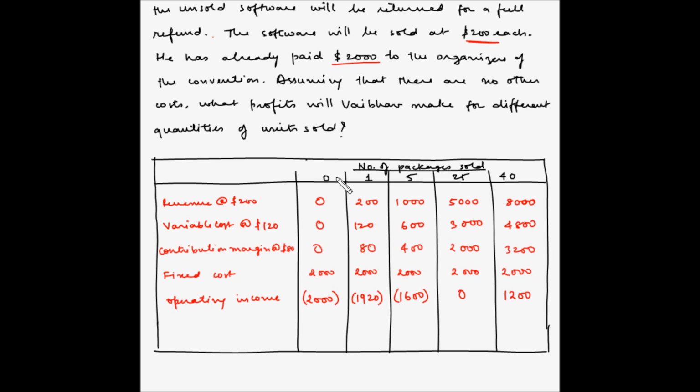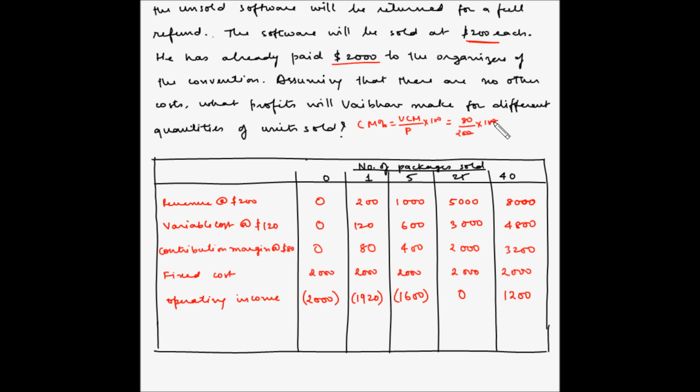Now let's also calculate some other measures. Now we know that contribution margin percentage is equal to the unit contribution margin divided by the unit selling price multiplied by 100. So this is equal to, contribution margin is $80, so 80 divided by unit selling price is 200 multiplied by 100.